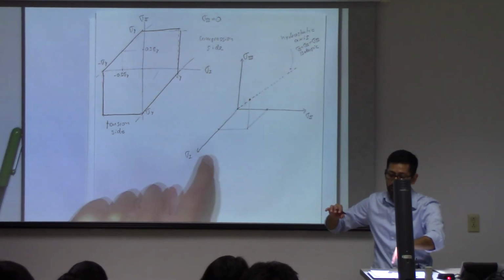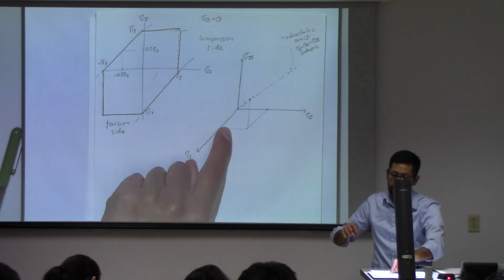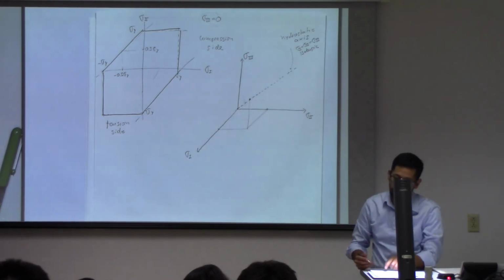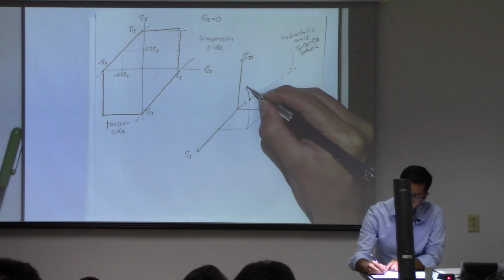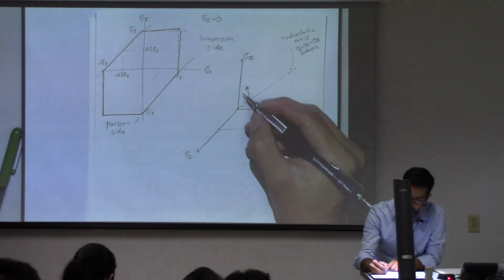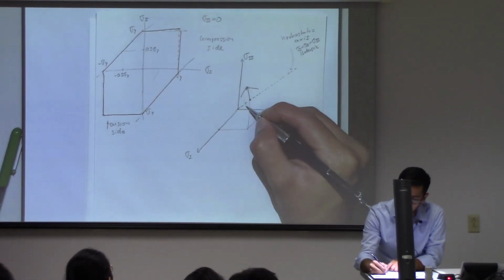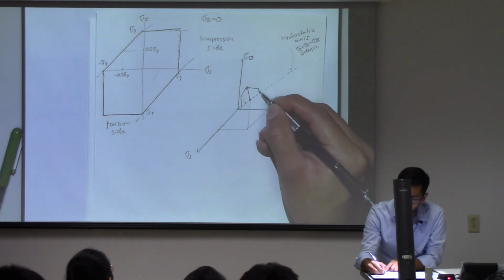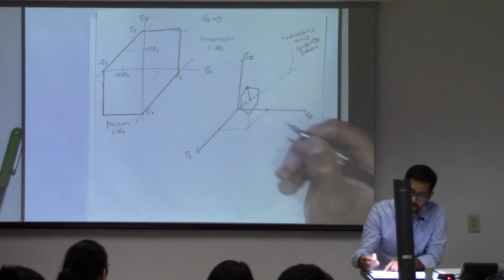Any state of stress in this space, you can partition it into an isotropic state of stress plus a given deviatoric stress. And in that space, we're going to see that the Tresca criterion is going to look like an hexagon like this.